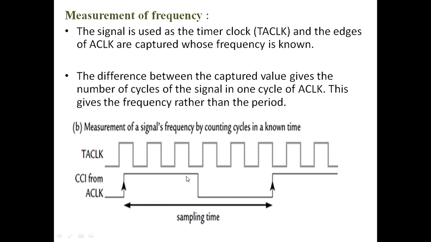Up to some number of cycles it will be high, then it becomes active low for some number of cycles. So by using the timer A clock, we can calculate the sampling time for this signal coming from the auxiliary clock. So F equal to 1 by T, so the number of cycles required for doing the particular operation.